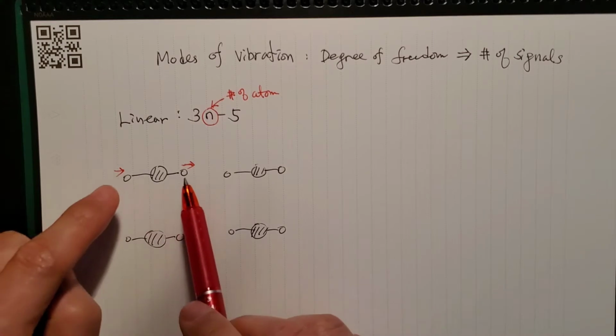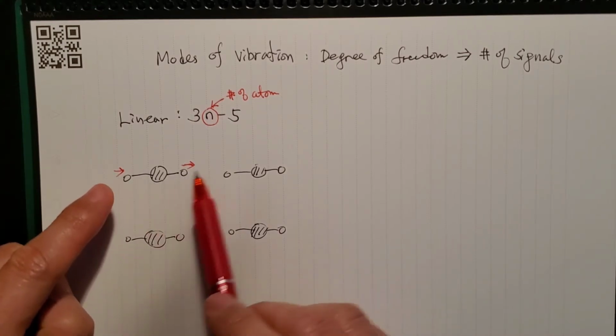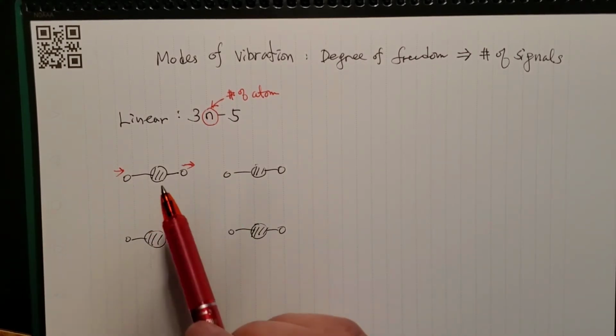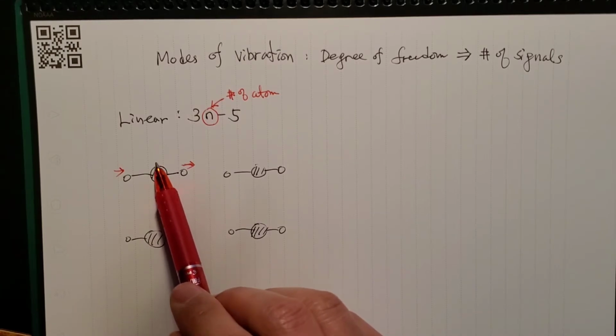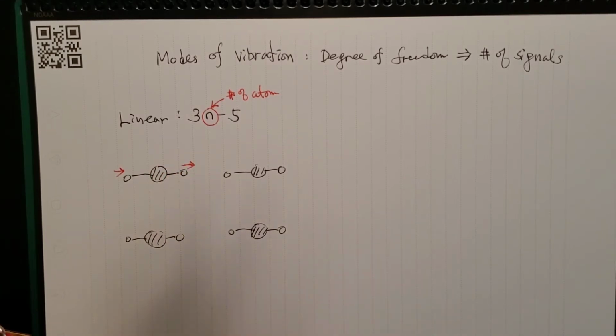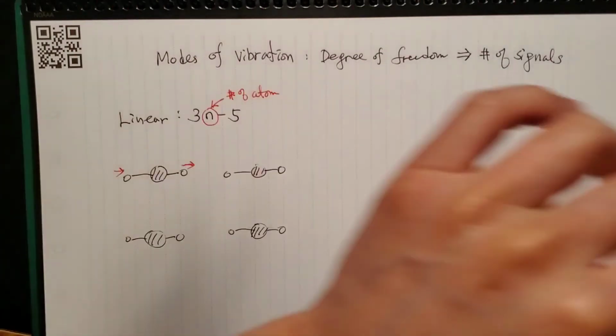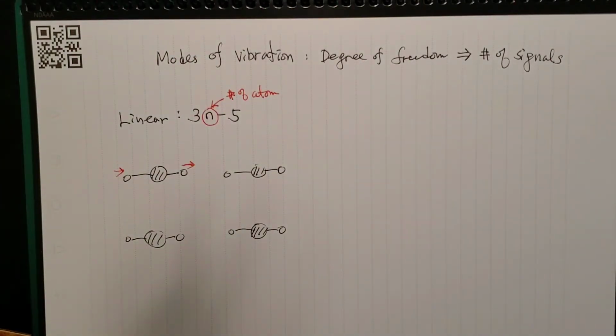When these 2 side atoms move this way together and the central atom also moves in the same direction, the whole molecule is shifting this way. So it's not considered vibration because you're not changing the angle or distance between the atoms and the bonds. You're actually translating, moving around instead of vibrating. I hope you can tell the difference between translation and vibration there.